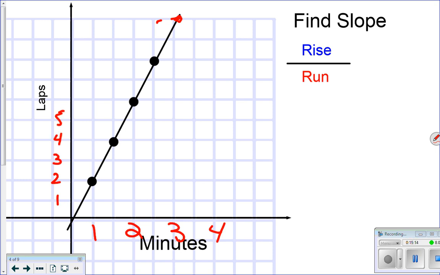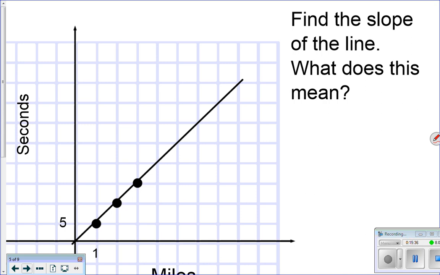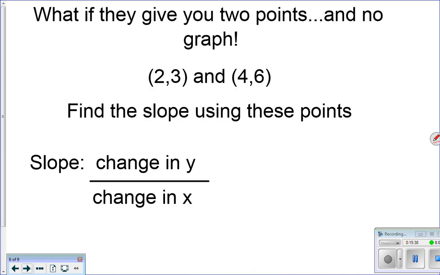So I'm going from here to here. What am I doing? I'm going up 2. But if I'm going over 1, what am I really going over? A half, yeah. So you have to pay attention to your intervals of what you're going by and how your graphs are lined up here. Okay. So I have a few other things I need to show you. We'll come back to that.